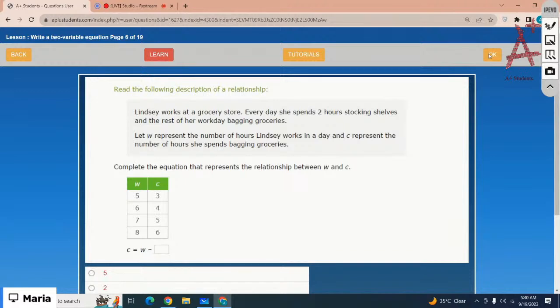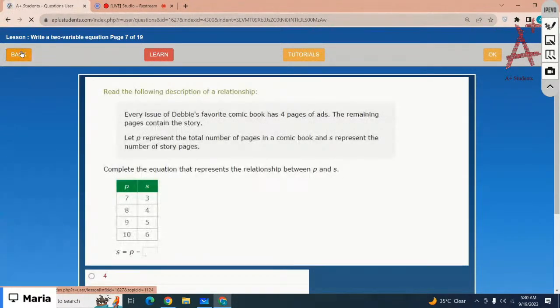So that would be C equals W minus 2. Okay, you can complete the lesson by yourself later today.